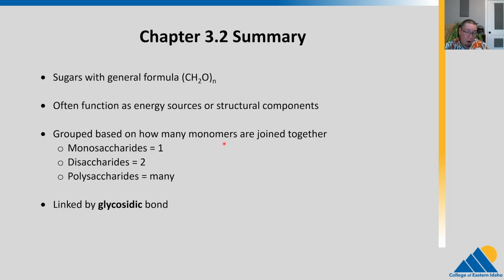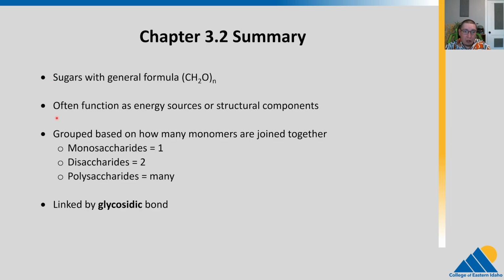All right, so that's our crash course in carbohydrates. We're going to talk mainly about glucose in this course, but that's because we're going to talk all about metabolism. So carbohydrates are sugars with the general formula CH2O to the n, however many there are, usually 6 if it's a hexose.